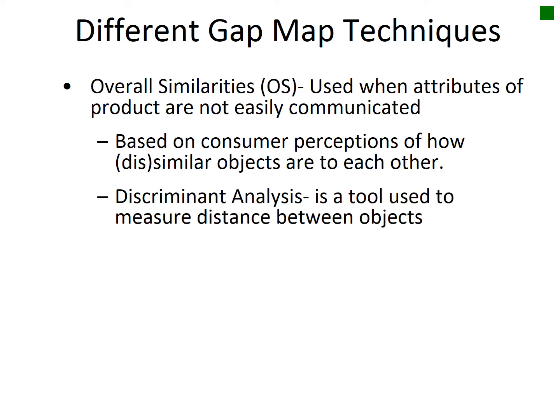We might think of them as overall perceptions the consumer has of our brand and whether one is closer to another perceptually to them. Sometimes we use a technique called discriminant analysis. So this is a statistical technique. When we look at discriminant analysis, what we want to do is see which brands discriminate from each other or separate themselves from each other. And we can actually use data to measure the distance, the perceptual distance one brand has from another.